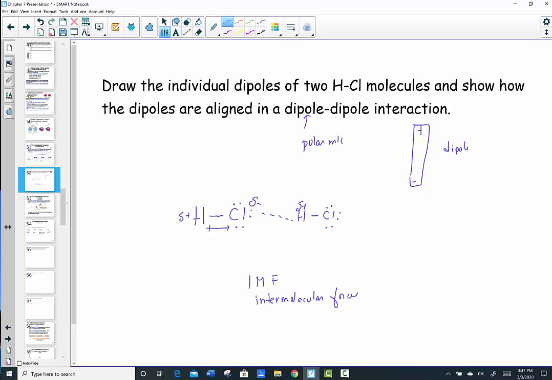The positive region of a hydrogen is attracted to the negative region of a chloride, and you could draw these all day long. HCl would be attracted to this compound, and we see all kinds of interactions setting up. So a dipole-dipole interaction exists between two molecules that are polar in nature.